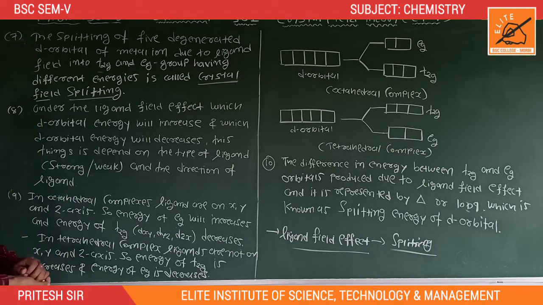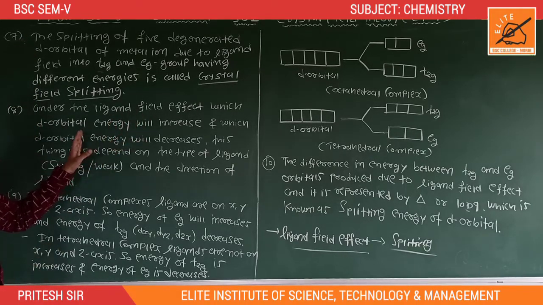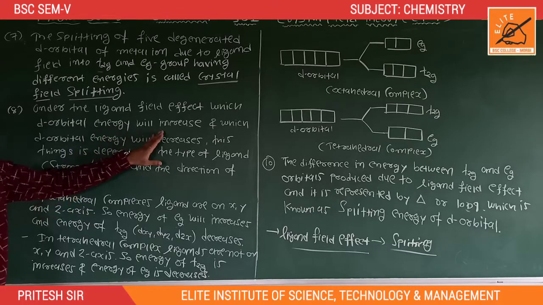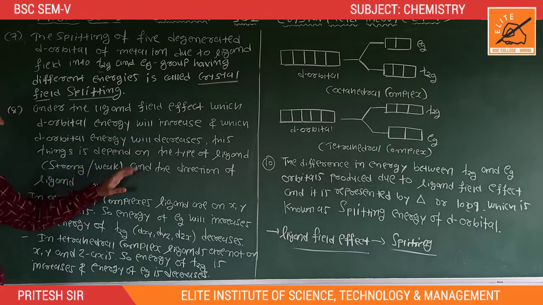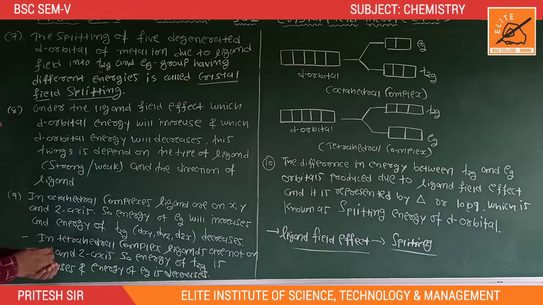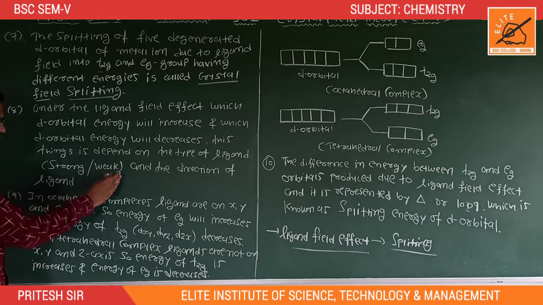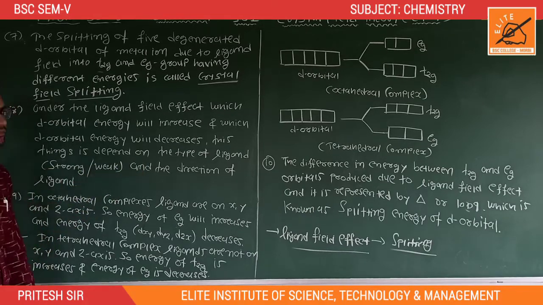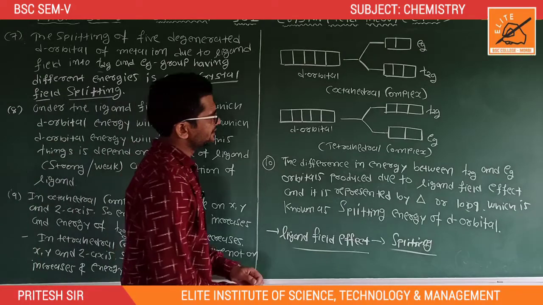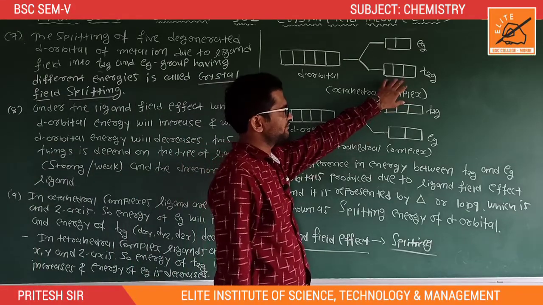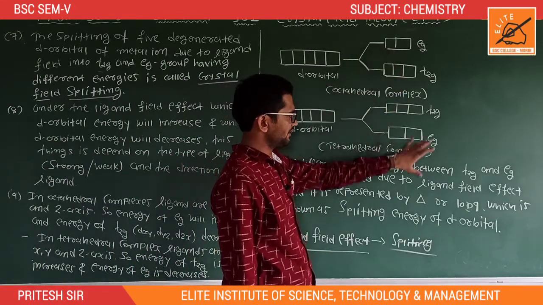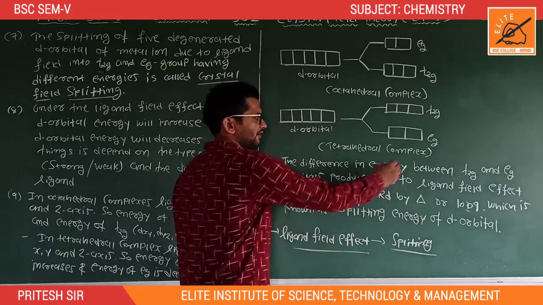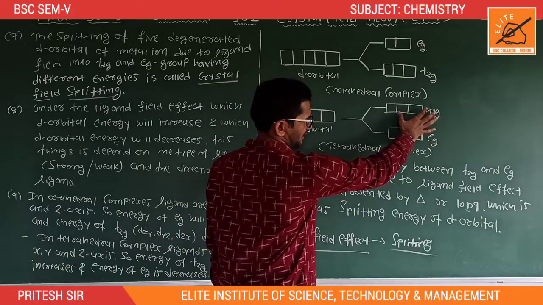Now the 8th point. Under the ligand field effect, which d orbital energy will increase and which d orbital energy will decrease depends upon the type of ligand and the direction of ligand. Okay, so here in this case, T2g has lower energy but Eg has higher energy. But here in this case, Eg has lower energy and T2g has higher energy.